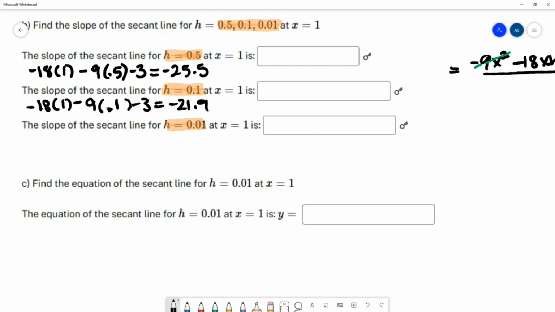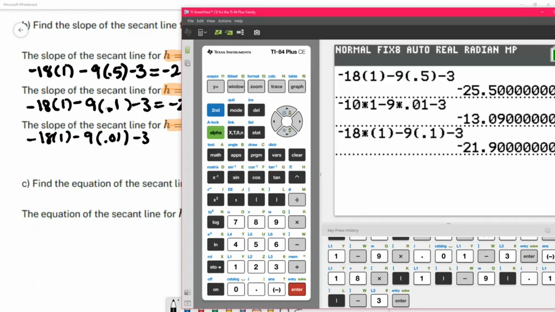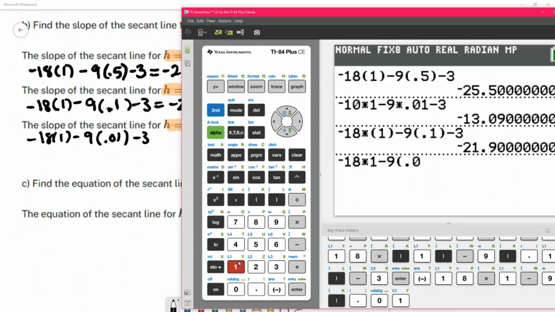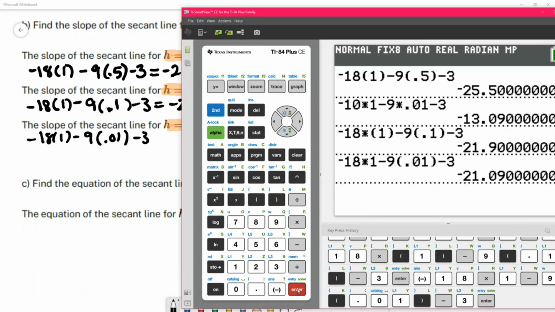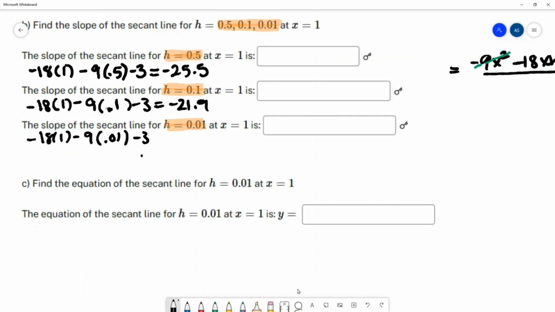And finally, we'll let h equal 0.01. We have negative 18 times 1 minus 9 times 0.01 minus 3. And we'll type that in our calculator. Negative 18 times 1 minus 9 times 0.01 minus 3 gives us negative 21.09.